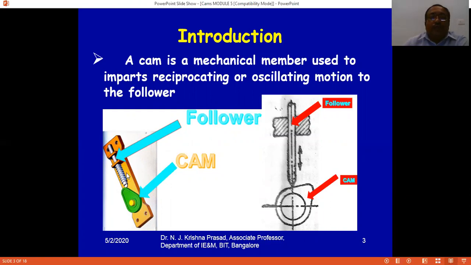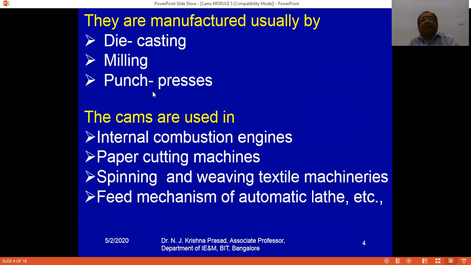The pictorial view of the CAM and follower arrangement and orthographic view of CAM and follower arrangement is shown in this slide. Whenever the CAM is rotating either in clockwise or anti-clockwise direction, the follower reciprocates in this direction. CAMs are usually manufactured by die casting, milling, or by punch presses.